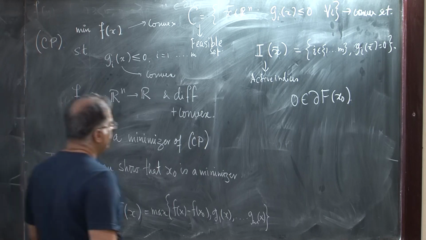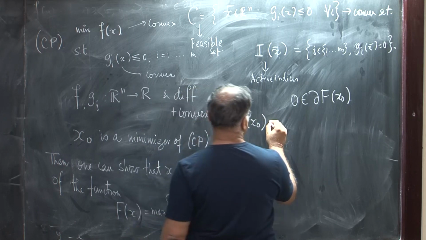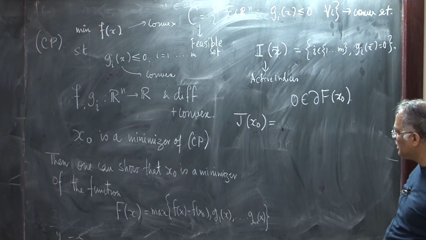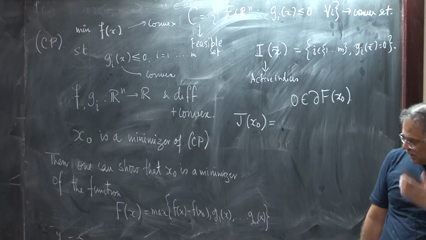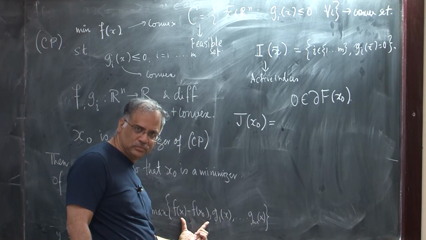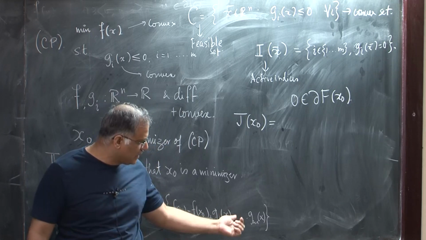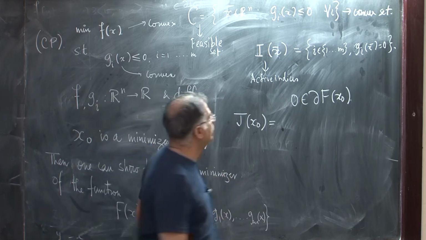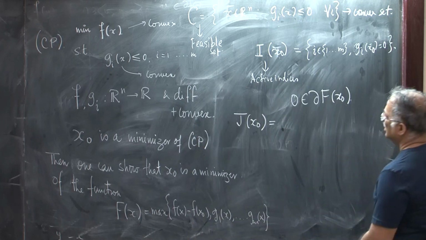Now, what is J of x naught? So, find the indices which are in this set. J of x naught means either it has to be this index, or indices from here. You see, when x is equal to x naught, this is 0. Now, among g_1(x) to g_m(x), there are some indices for which g_i(x naught) is equal to 0.